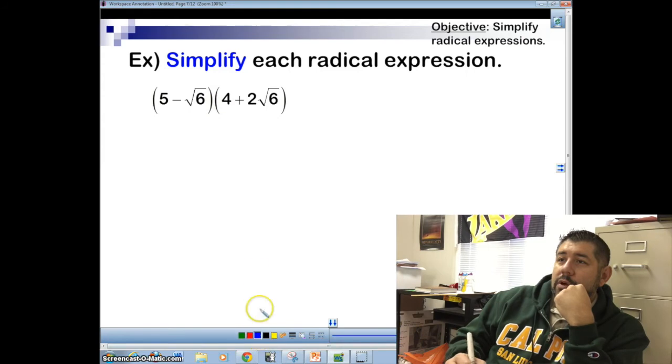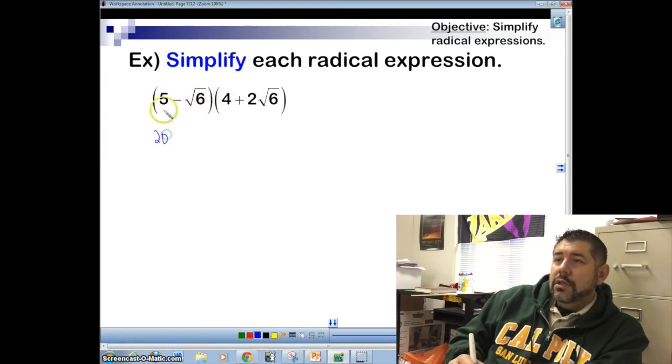You go 5 times 4, which is 20. Then 5 times 2 root 6 is 10 root 6 minus 4 root 6, because we multiply these two. Okay, minus 2 times the square root of 36.